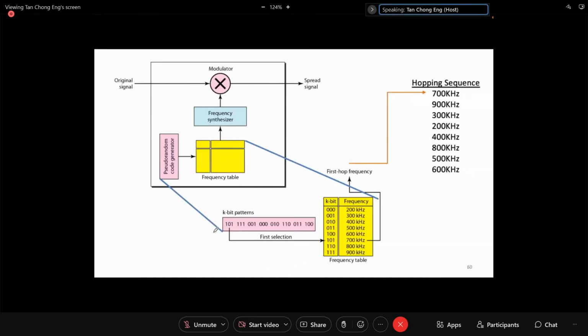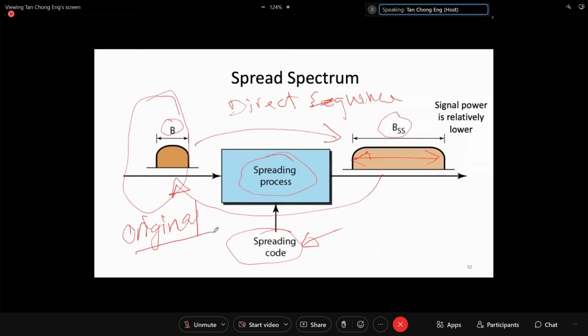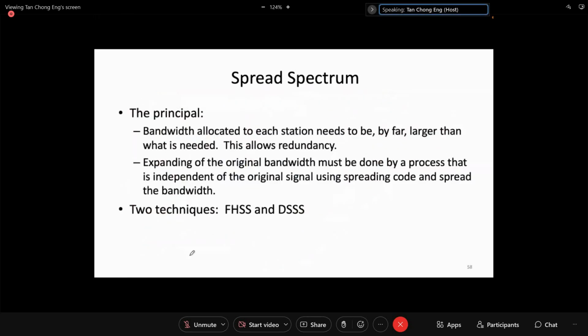And then frequency hopping. As you can understand, just now with direct sequence spread spectrum, you spread the signal to make it wider. Normally your signal is like this. After you spread them, they will become shorter but longer.